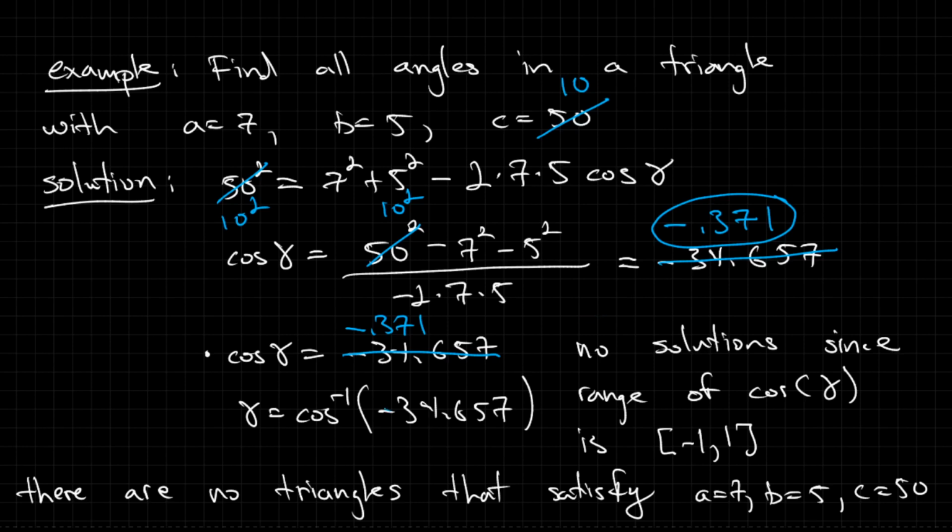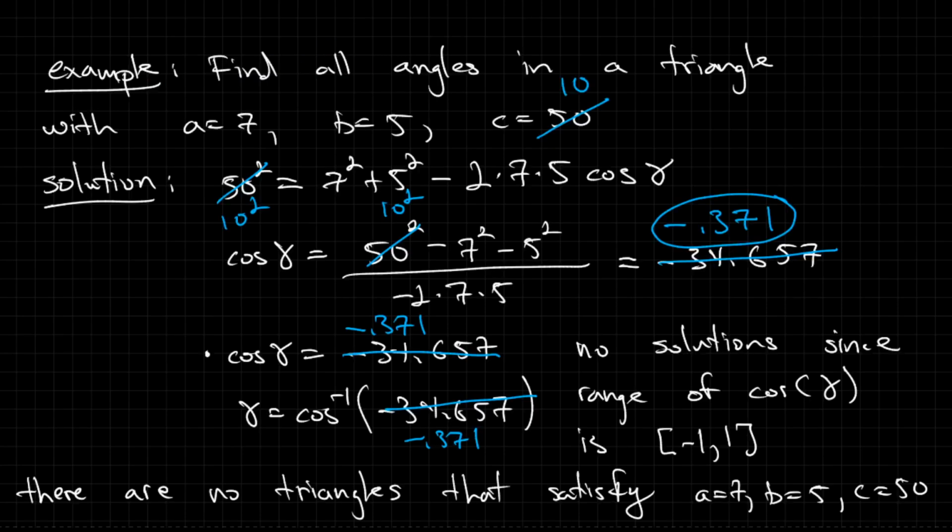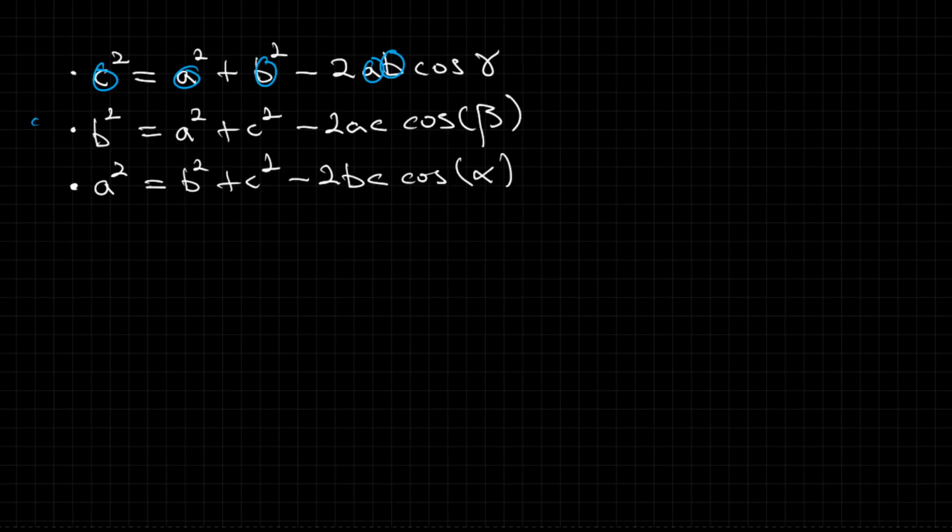And so we can find gamma to be cosine inverse of negative 0.371. And when we do that, we find, let's erase these stray marks, that gamma is 111.804 degrees.